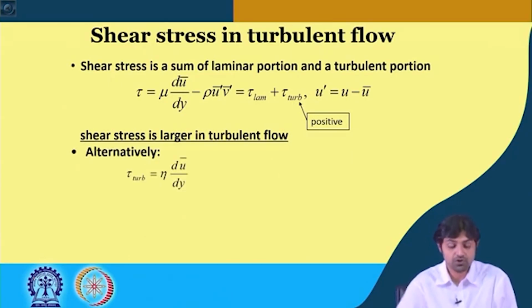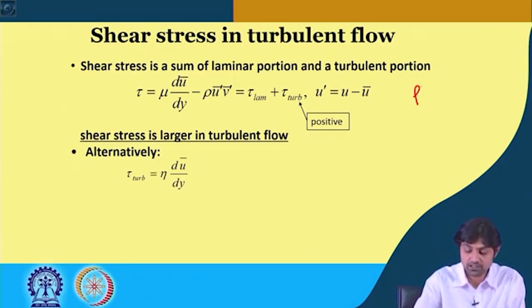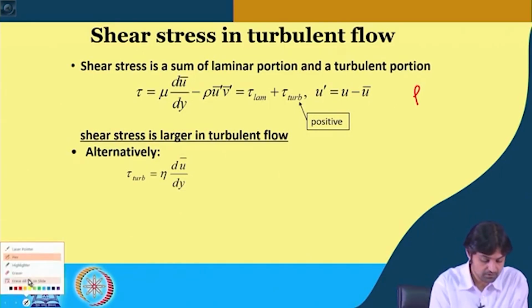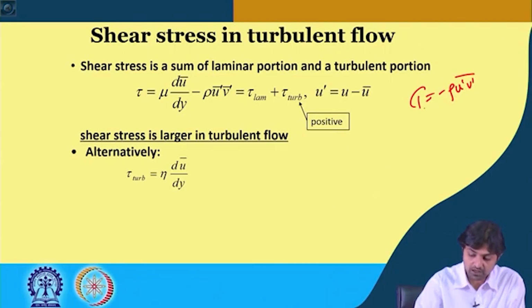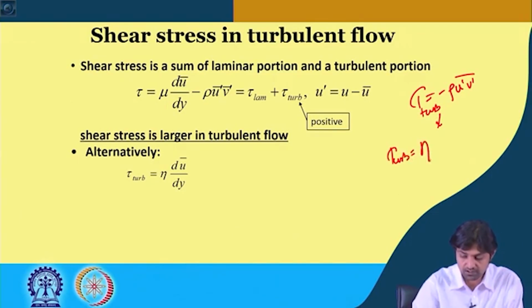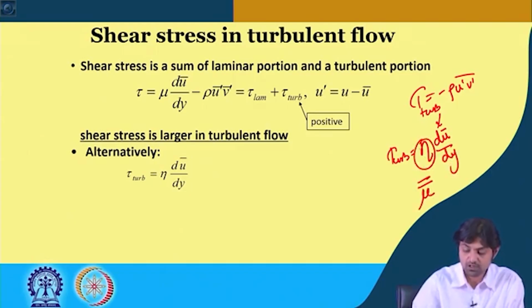Alternatively, instead of writing tau is equal to minus rho u' v' whole bar, we can also write tau turbulence as another viscosity eta into du/dy, and this eta is not equal to mu but much higher.